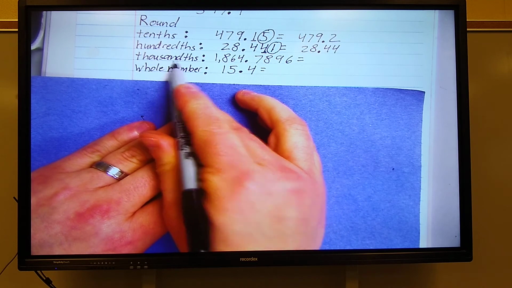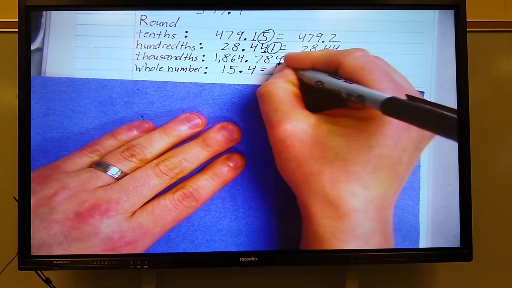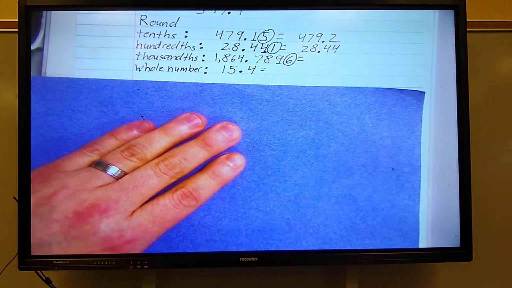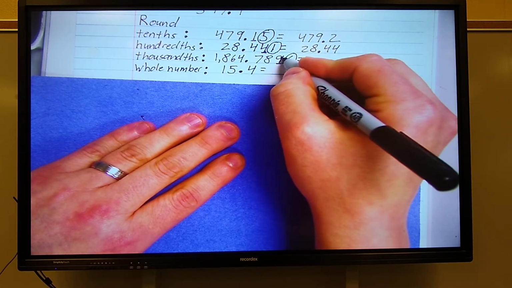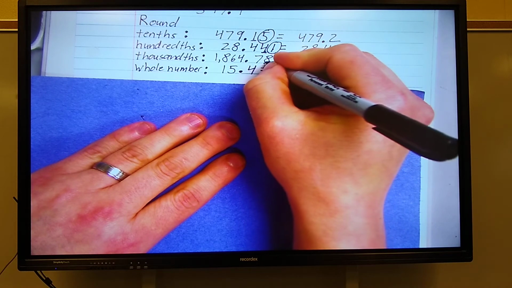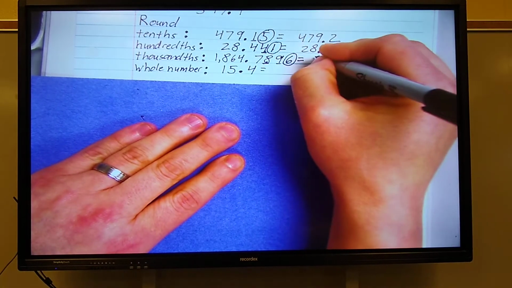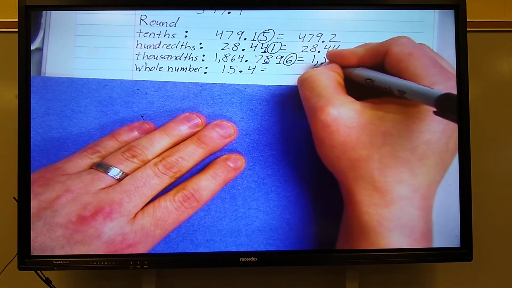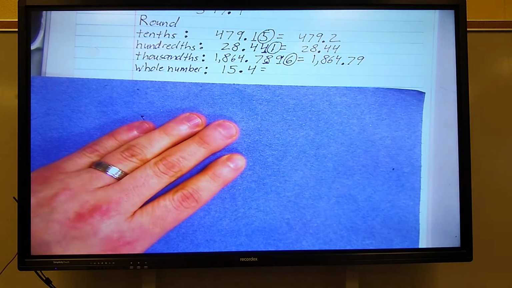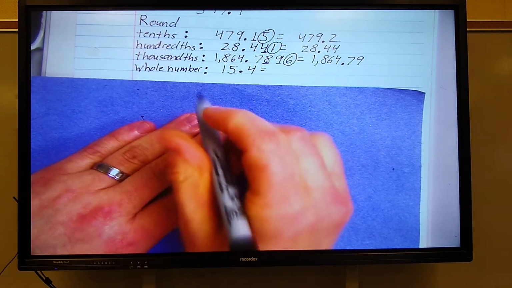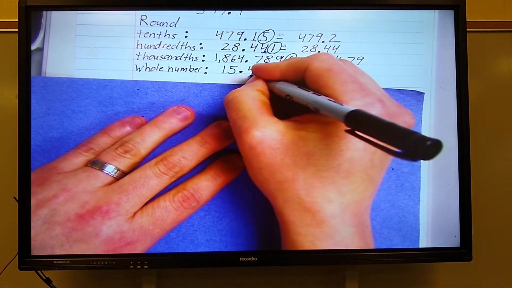Rounding to the nearest thousandths. This 9 is in the thousandths place. This 6 tells me to round up. Rounding the 9 up makes the next number go up. So this 8 right here is going to go up. So my answer is 1,864 and 79 hundredths. Rounding to the nearest whole number.